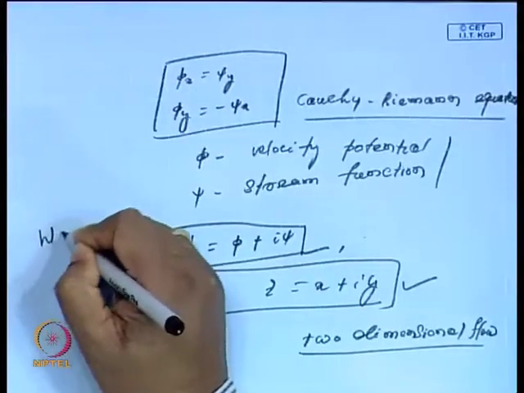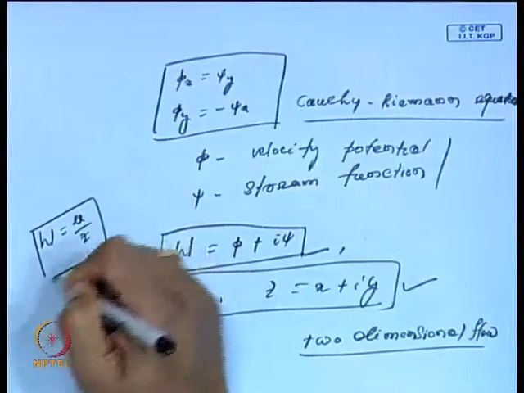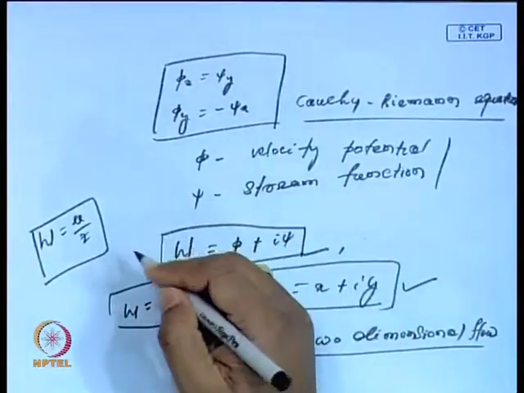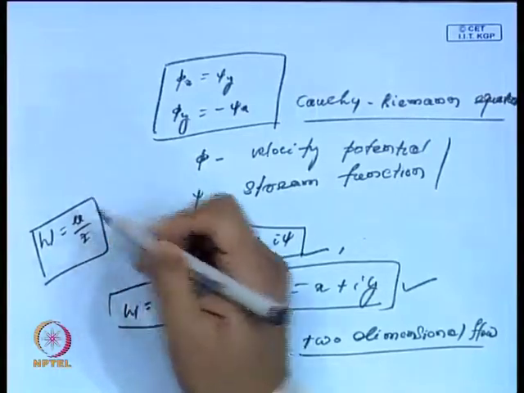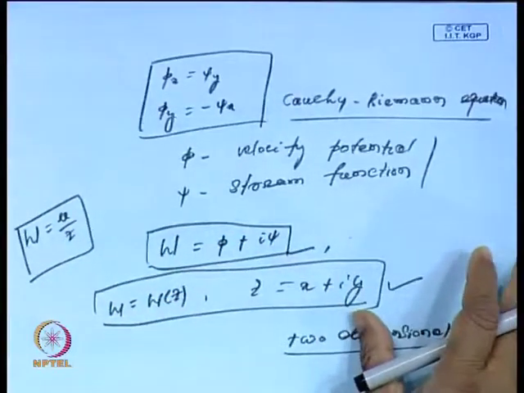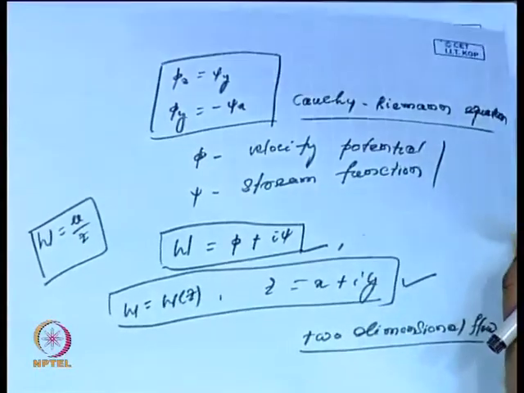If you look at the doublet, in the case of a doublet we have taken W equal to mu by Z, and this has come basically from combining two sources with a suitable arrangement of a source and a sink.